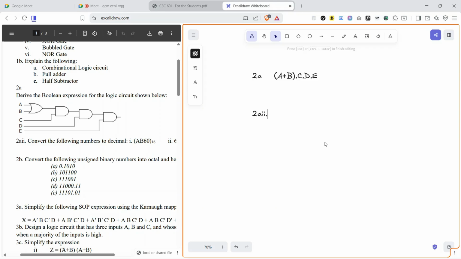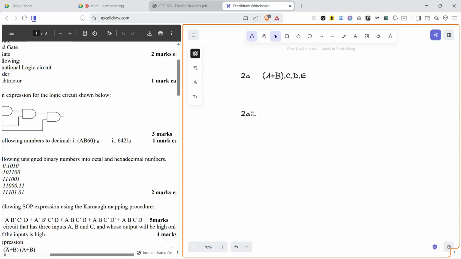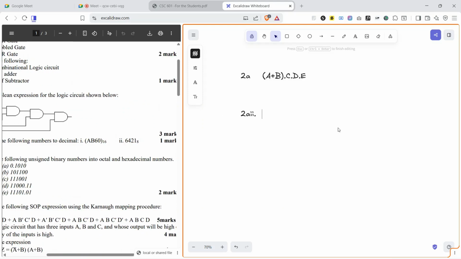2AII: we are told to convert the decimal numbers. So we are told to convert AB60 base 16.